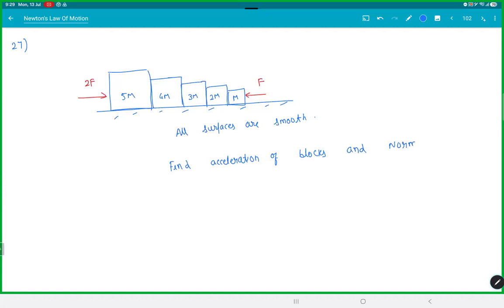So M and 2M will be pushing each other. What is that normal reaction?